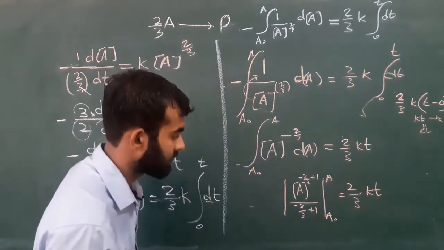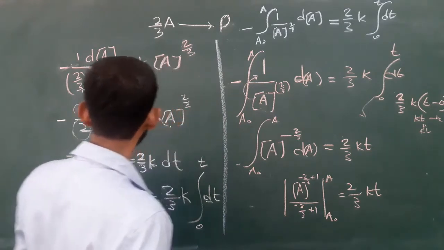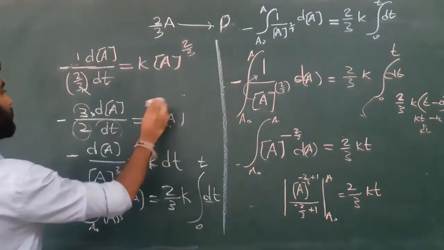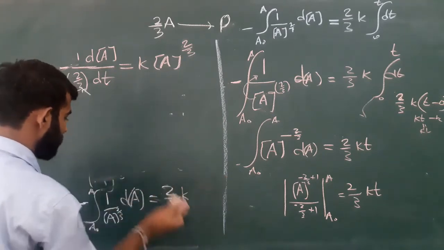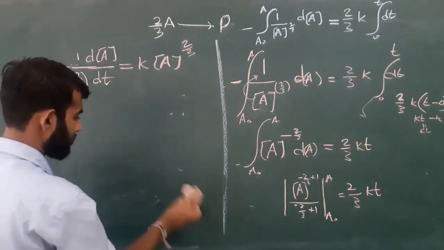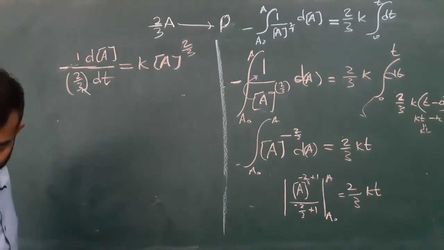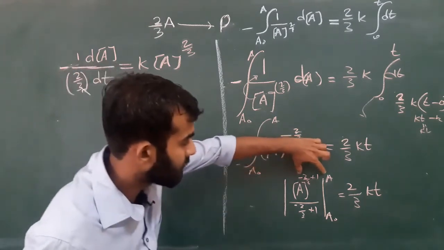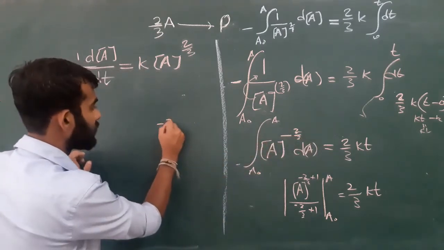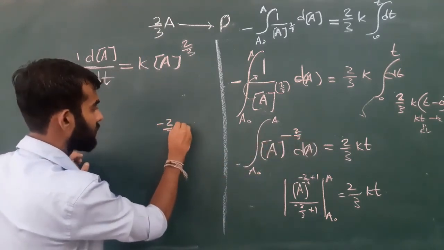Okay. Now how can we simplify this? I will erase these parts. So I will simplify this minus 2 over 3 plus 1.